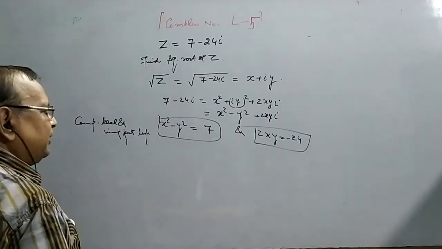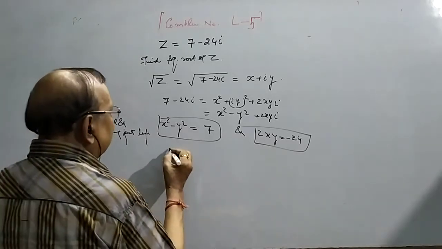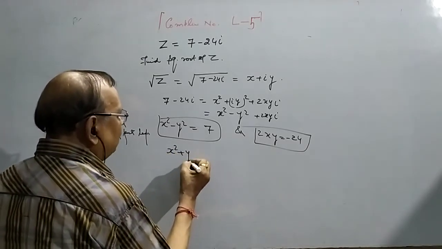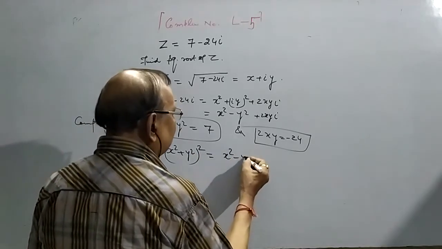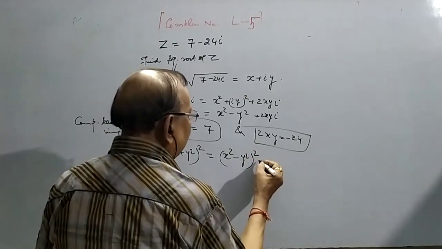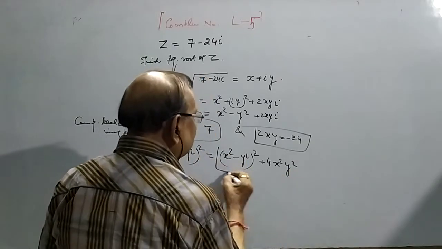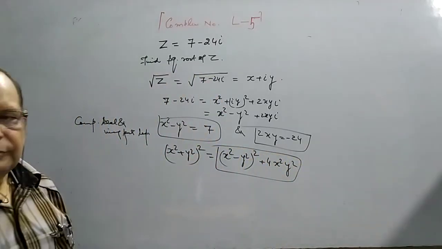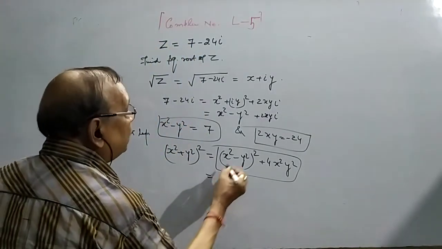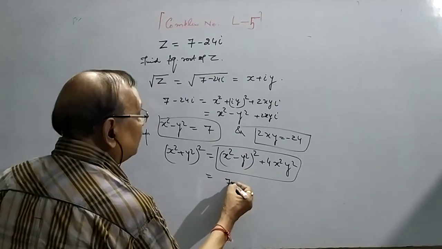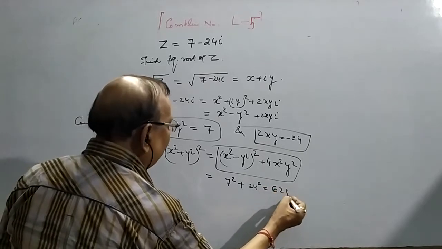How will we solve? It is your outlook, however I am describing. It is better to find (x square plus y square) whole square, that is equal to (x square minus y square) whole square plus 4x square y square. Remember the formula, you must have studied it in 10th class. Putting the values, we get 7 square plus 24 square, that is 625.